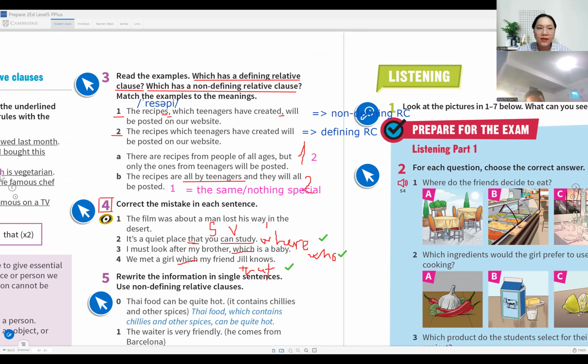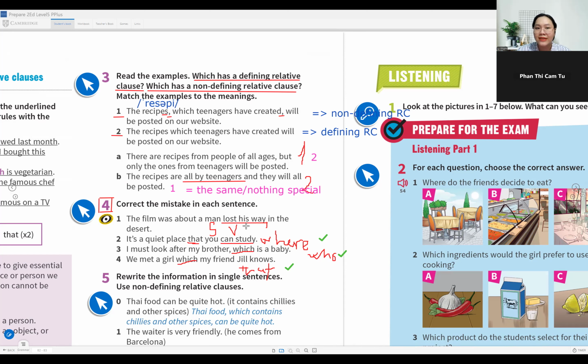But for number 1, if you add a comma, which one is the main clause and which one is the relative clause? We need to define it. If we don't, you will see in this sentence was is a main verb, and then lost is a main verb again. So two verbs in one sentence is wrong. So the film was about a man, and then lost his way is a relative clause.